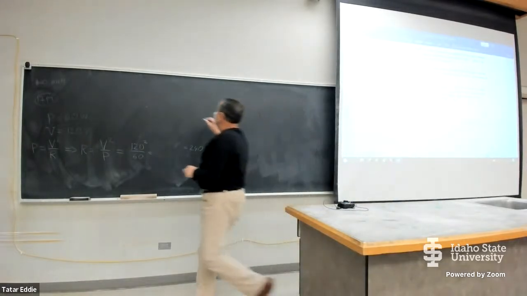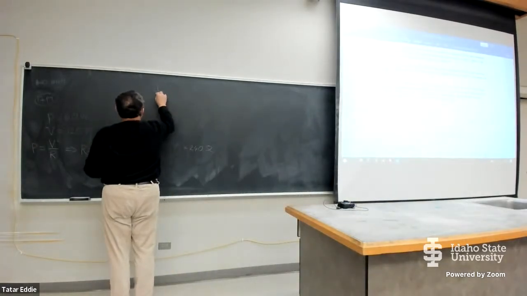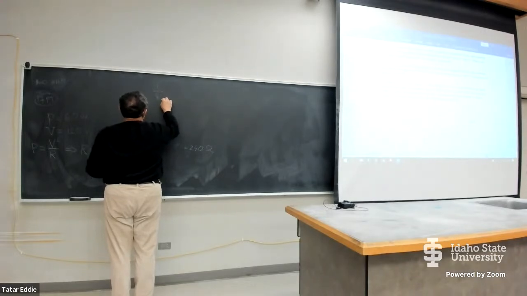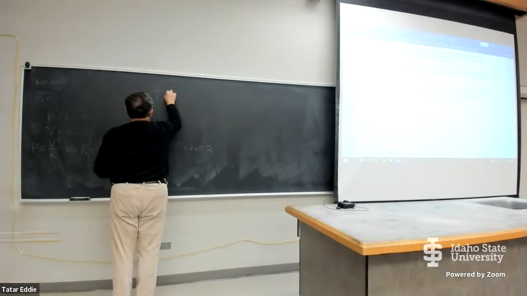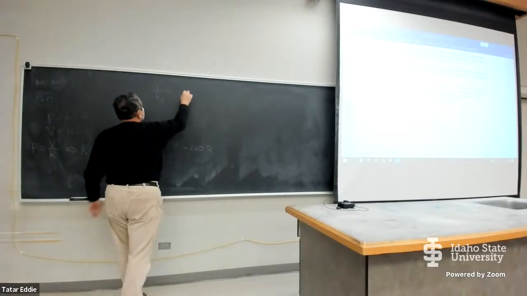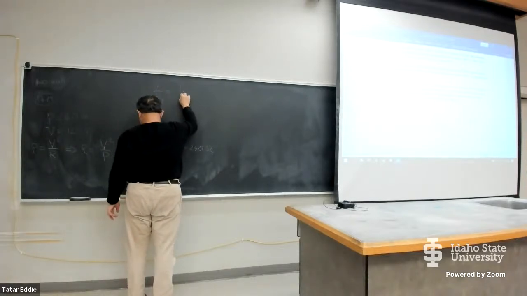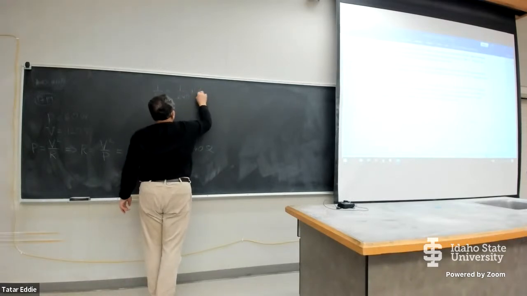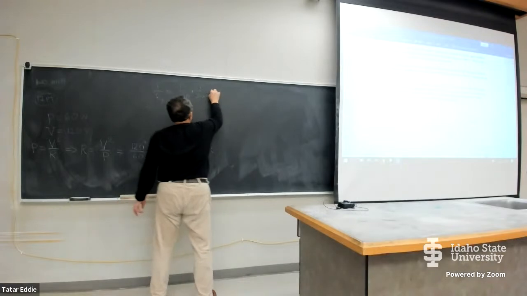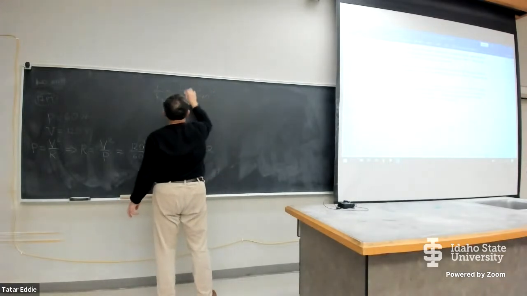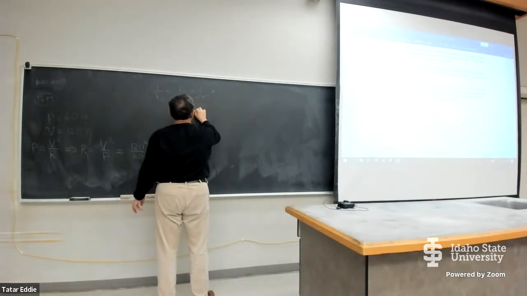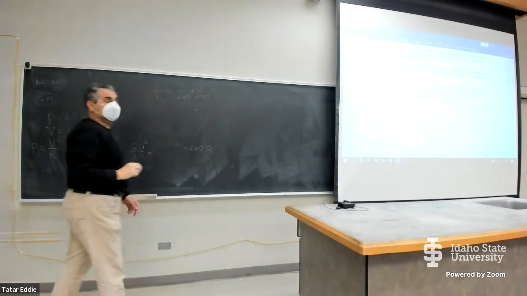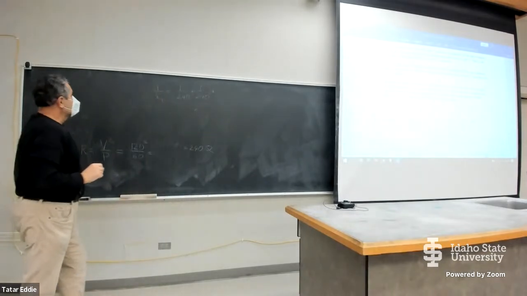The equivalent resistance has an inverse equal to the sum of the inverses. So you have 1 over 240 plus 1 over 240 plus and so on, N times, right? You have to add.